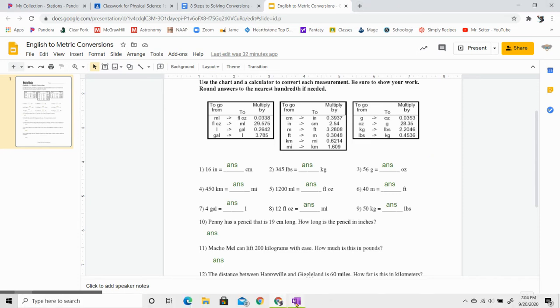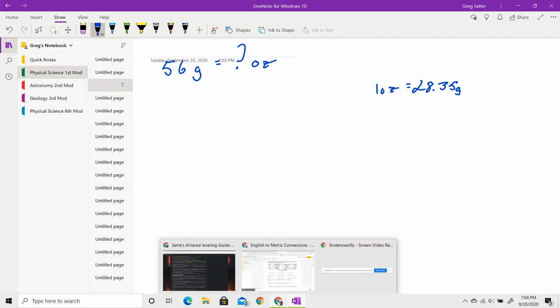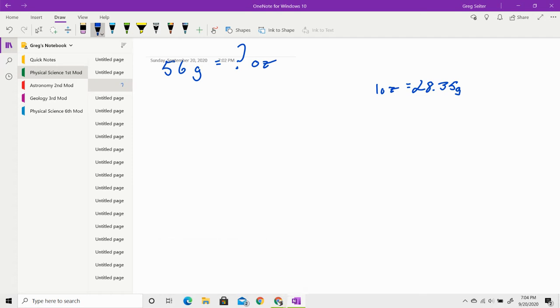Got to remember those. 28.35 grams. And let's see here. Make a fraction. 56 grams equals, whoops.